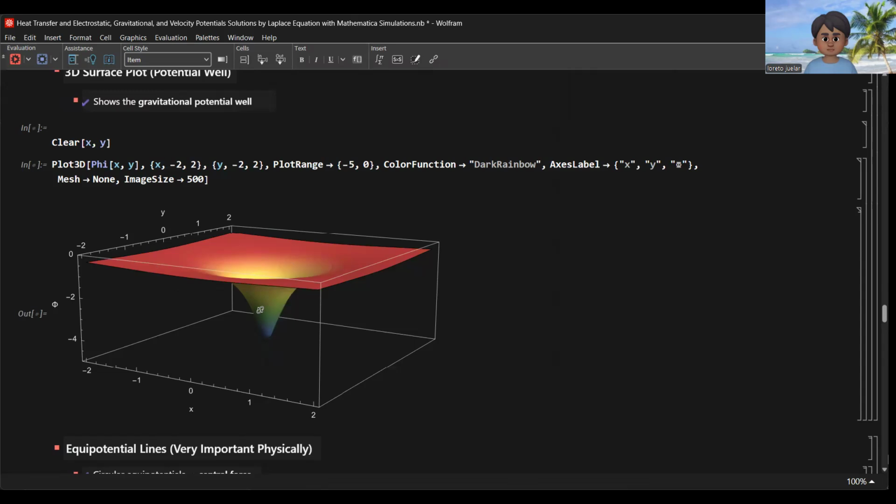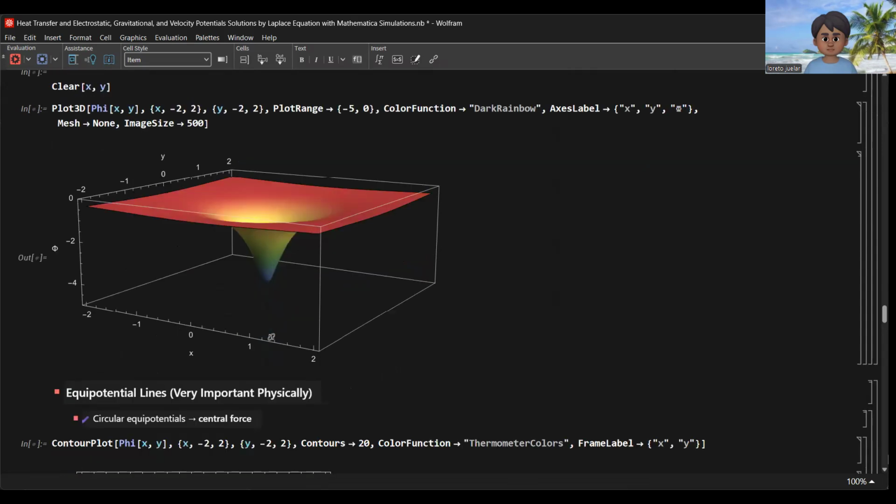So we have an increase of potential as we decrease the distance here. Because the negative distance increases if the distance is smaller. But if the distance is larger, but it is negative, it becomes smaller and smaller.